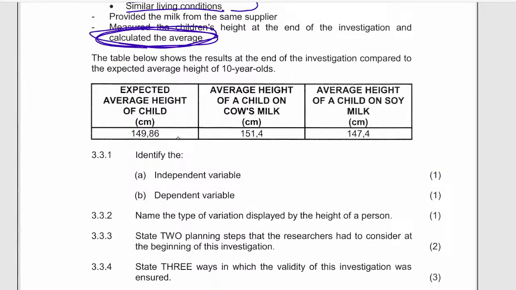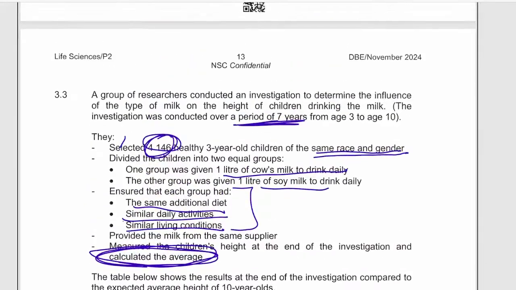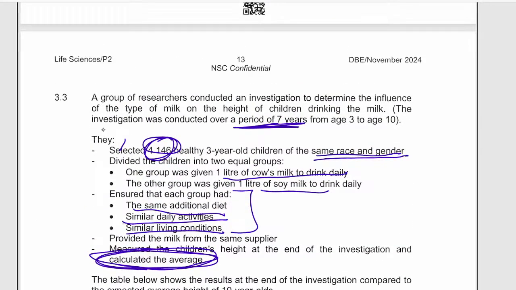So you have the below table, 10 years old. Expected average height of a child on cow's milk, average height of a child on soy milk. Identify the independent variable. As I told you, you read the first statement: a group of researchers conducting an investigation to determine the influence of the milk type on the height of children, meaning milk type will determine the height of children.